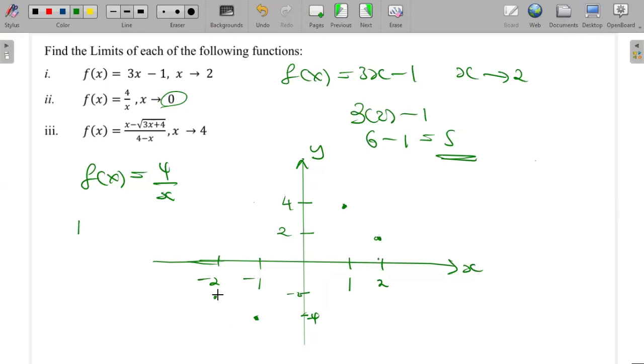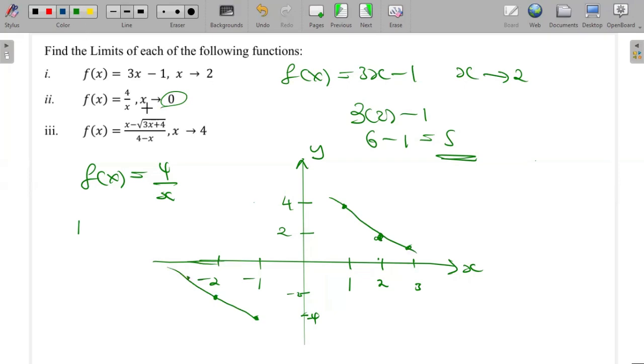Plug in 3, you just keep on getting numbers that are less, and they'll be approaching like that. So you basically have a line like that, and you have another line there like that. I know it's not the most accurate sketch, but that's what this is telling us.